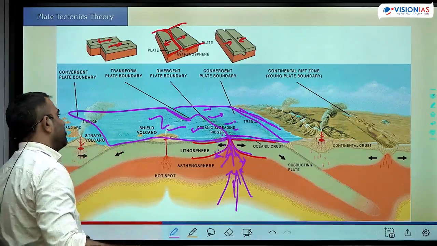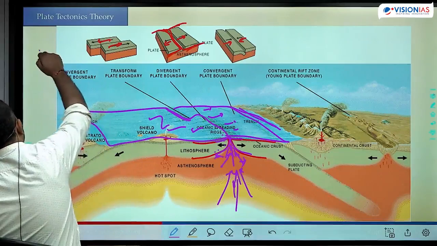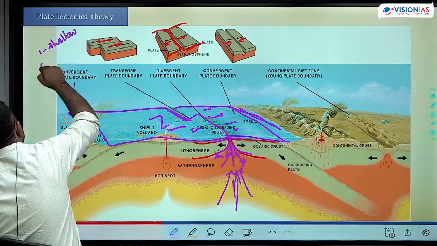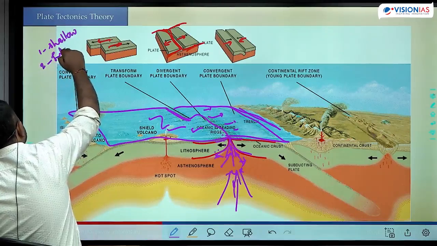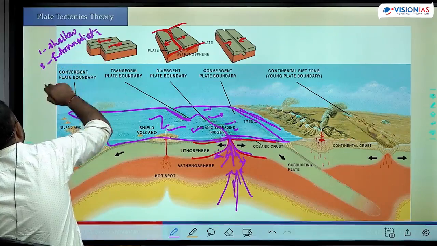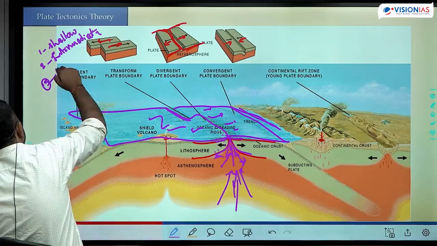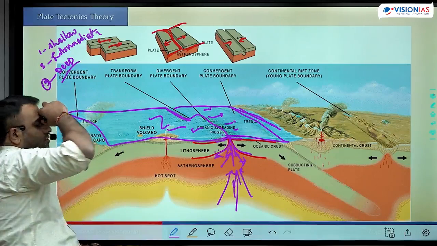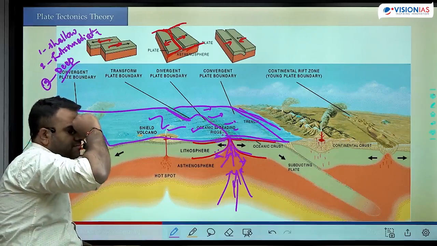Now earthquakes are divided into three types. Shallow, up to 70 kilometers. Intermediate, between 70 to 360. Deep, more than 350.